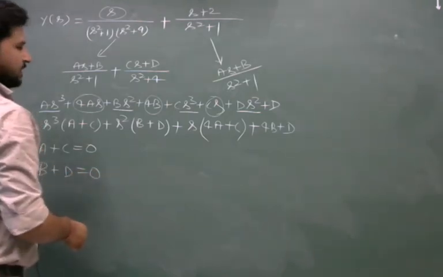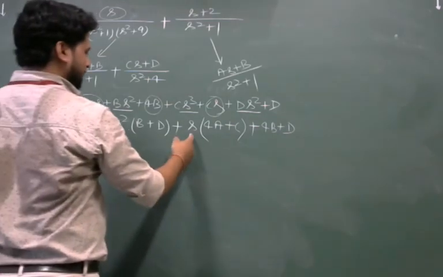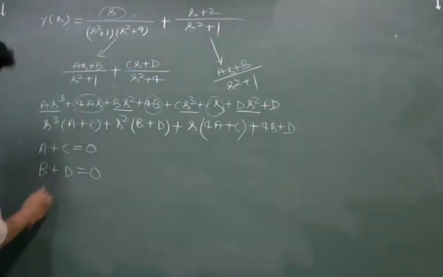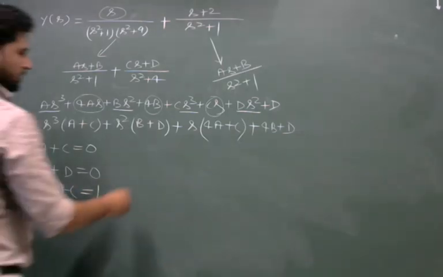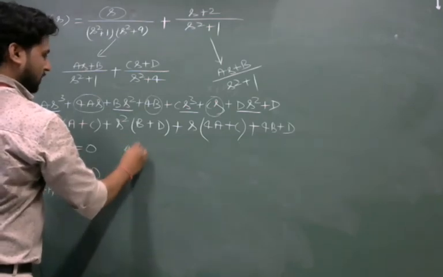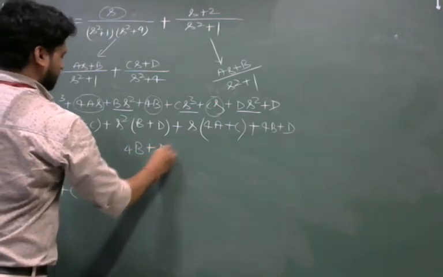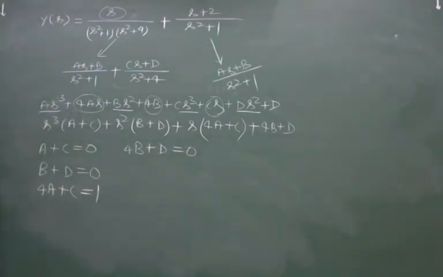The coefficient of s to the power 1 is 1, so 4a plus c will be equal to 1, and 4b plus d, because the constant term is not there, will be equal to 0.